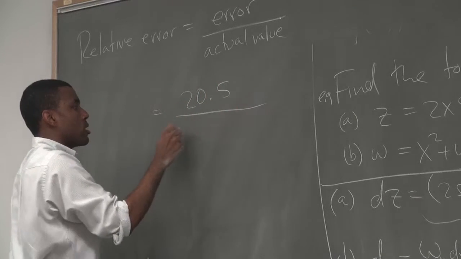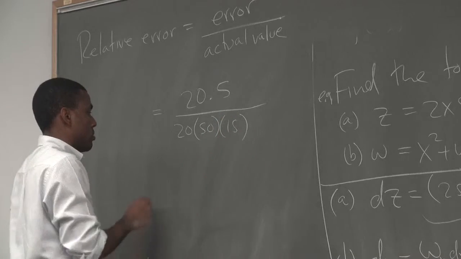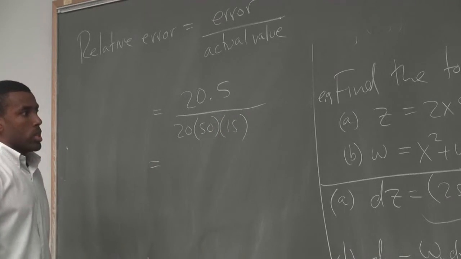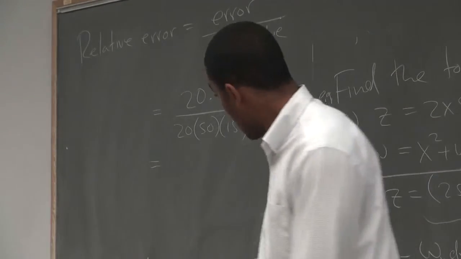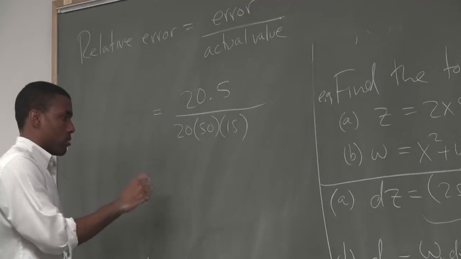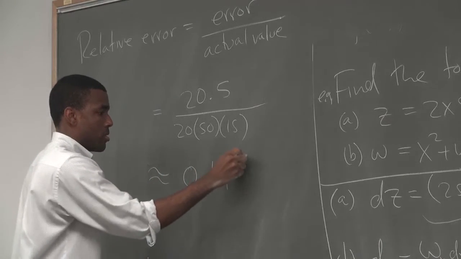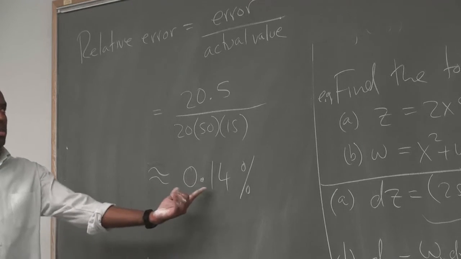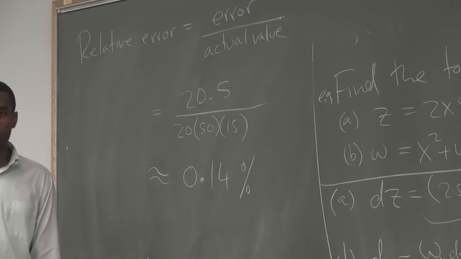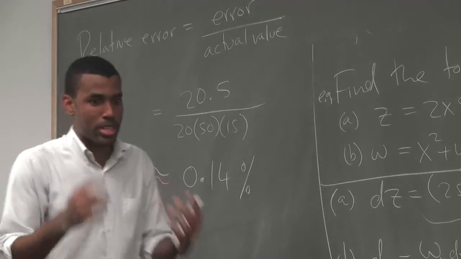What is the actual volume? It's 20 times 50 times 15. It was actually 0.14%. So 20 cubic centimeters sounds like a lot, but in terms of the actual box, you're only off by 0.14%. So it depends on how OCD you are and how much you want to kill this guy for being farsighted.